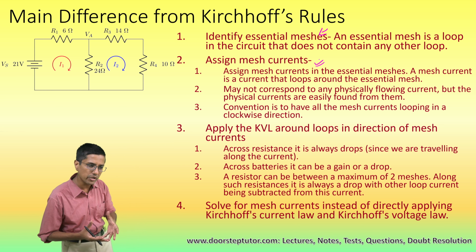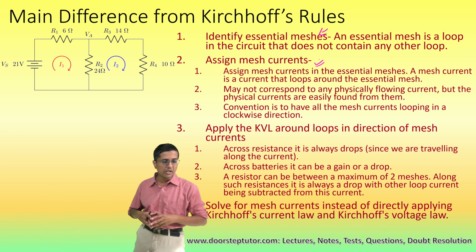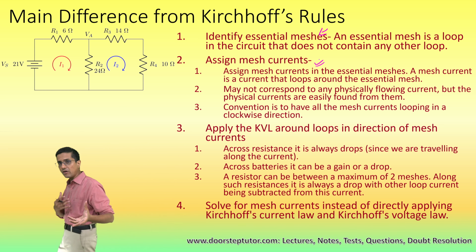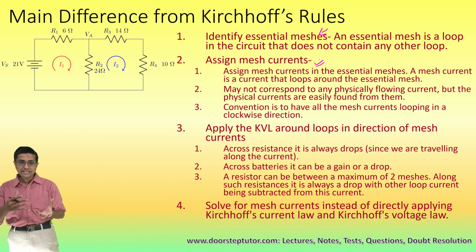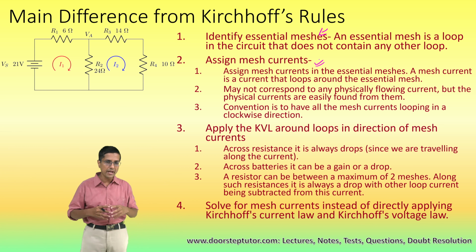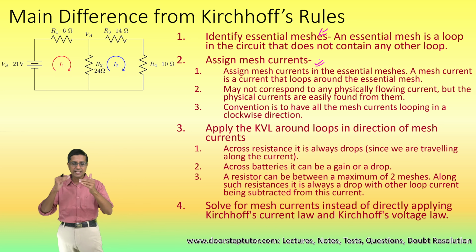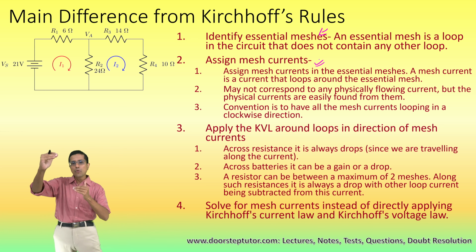Now, as I've told you, these mesh currents are not the real currents which are flowing in the wires, but of course we can derive all the currents in the wires based on these mesh currents by using the superposition principle, or by understanding that at certain points at the intersection of the two meshes, the currents are contributed by both the meshes.